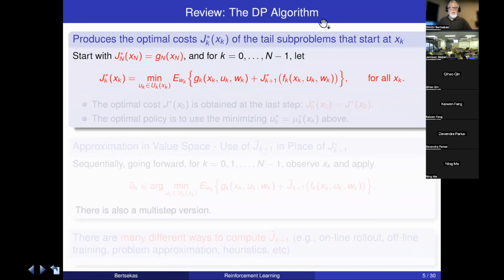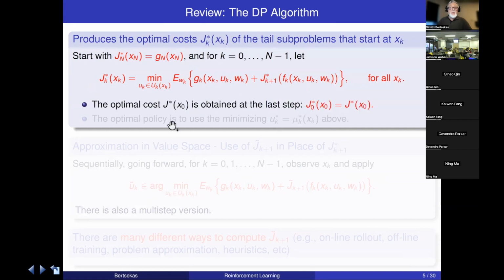So again, let's review the dynamic programming algorithm. It produces the optimal cost of the tail subproblems starting at any state and stage. It starts at the terminal cost, at the terminal stage, and goes backward, with each iteration computing the optimal cost of the tail subproblem of the current state given the optimal cost of the following stage.